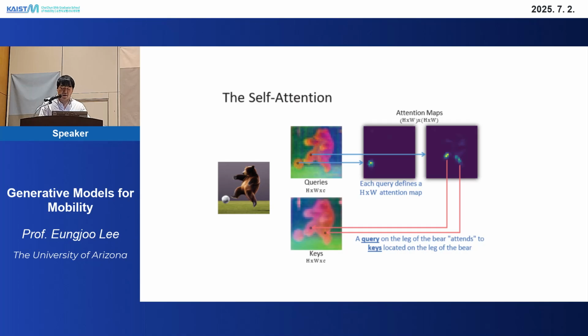They allow each pixel, which is a query, to attend to every other pixel, which is a key, within the image. And this generates a spatial attention map, as you can see in this slide, that can capture long-range dependency. So that's why you can have a global understanding due to this characteristic, and this enhances understanding of object structure and context.